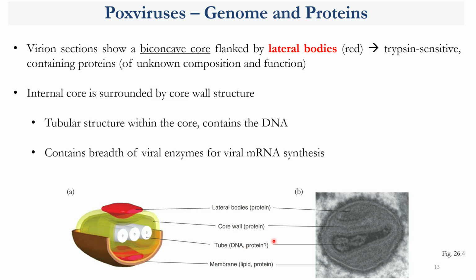Okay, that's why there's a question mark here. And one thing that you'll see here is that it has a number of different viral enzymes that are required for mRNA synthesis, okay? So basically the virus itself packages all those proteins so that you can make mRNA.